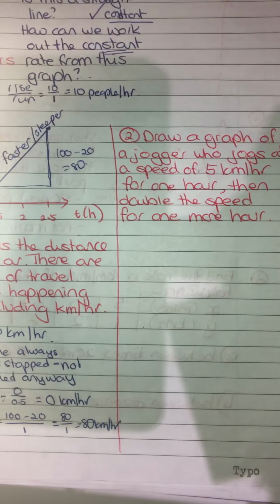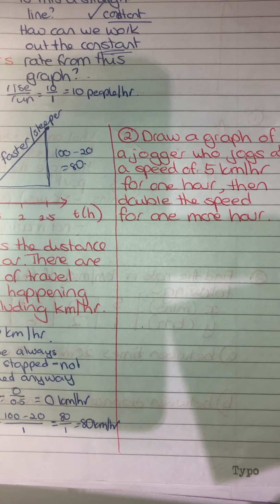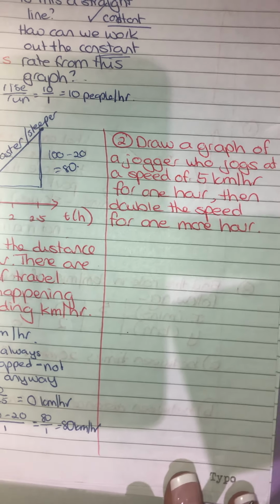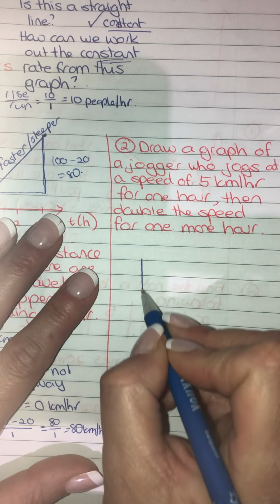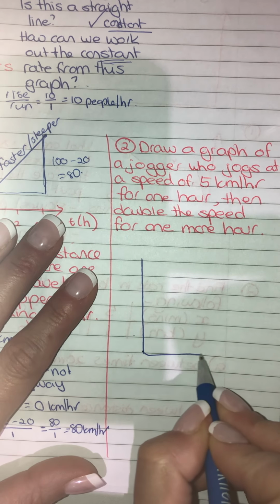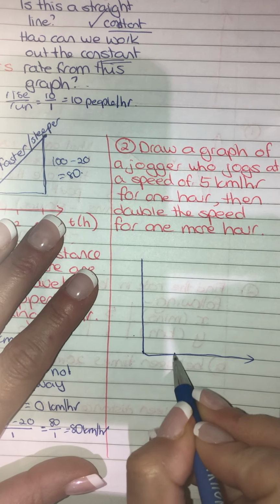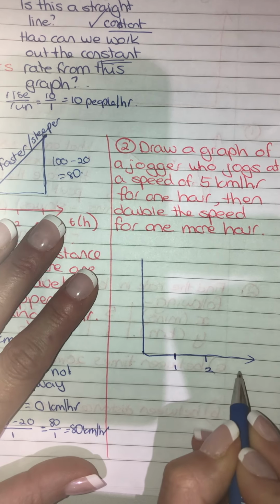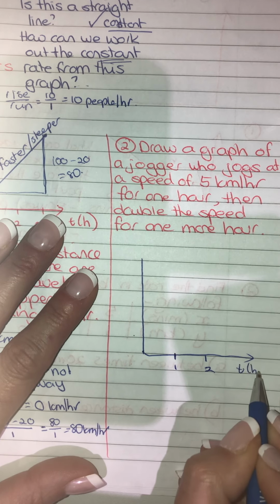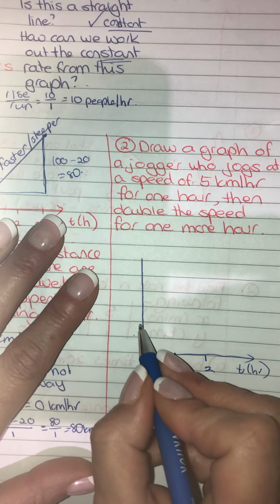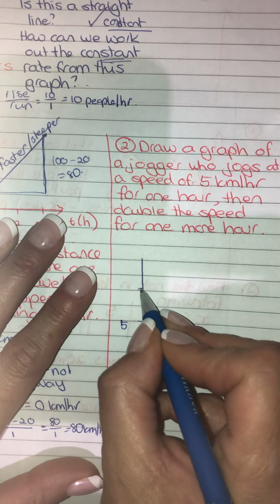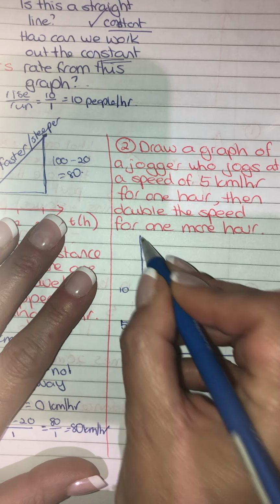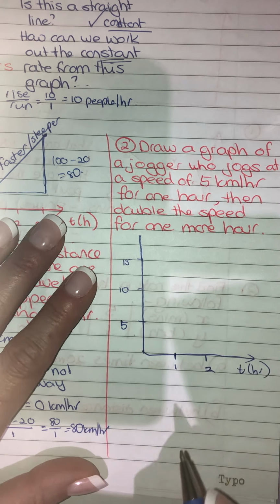Okay, so what about if you had to draw your own graph? So here we've got draw a graph of a jogger who jogs at a speed of 5 kilometres per hour for 1 hour, then doubles the speed for 1 more hour. So across the bottom, we only want to get 2 hours worth. So we're going to go 1 hour here, 2 hours. So we're going to put time in hours. And up the side, let's go 5, 10, 15.